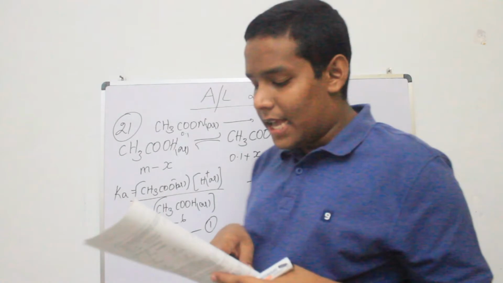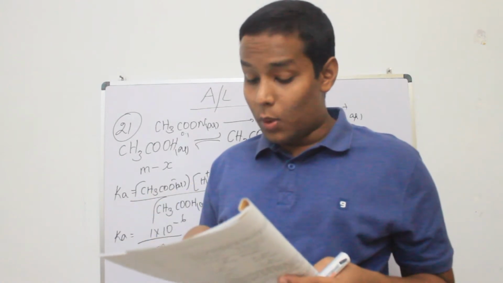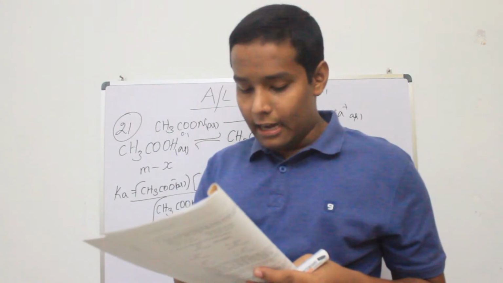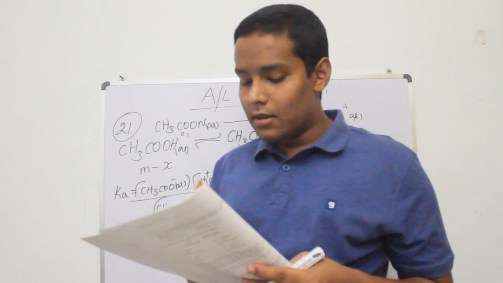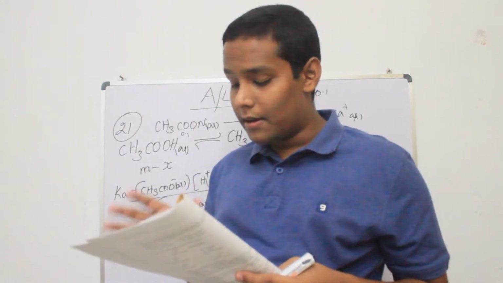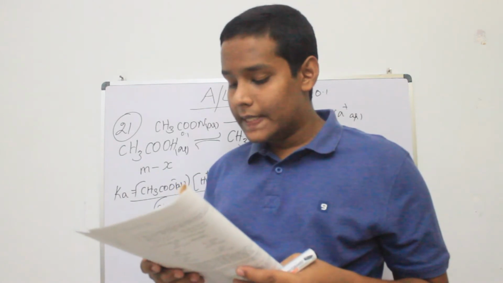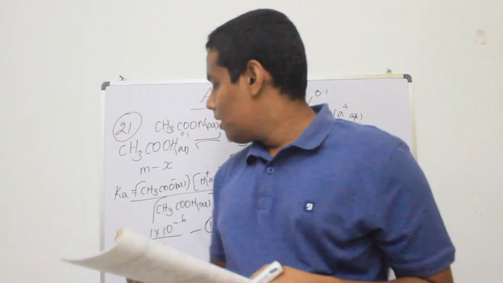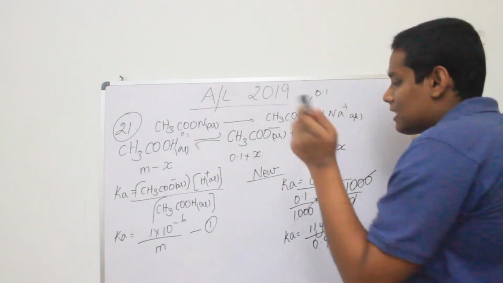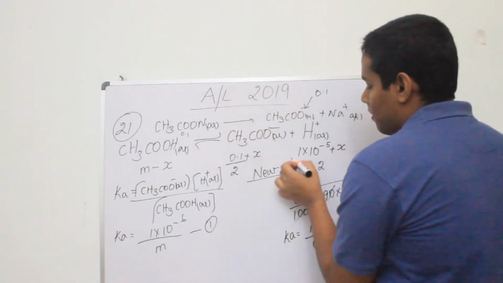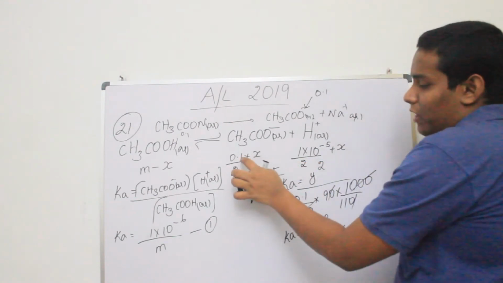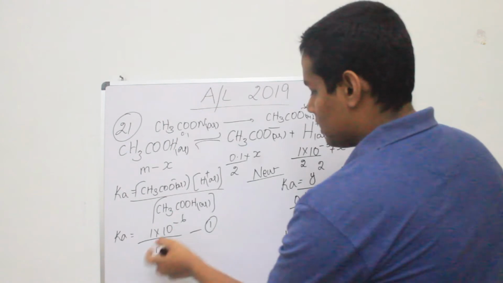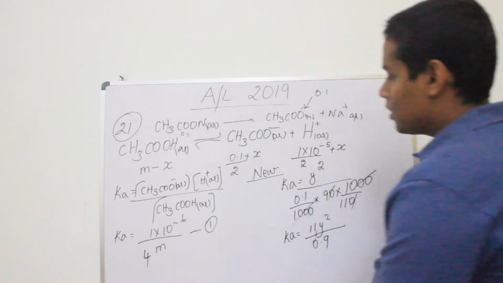A buffer solution of pH 5 was prepared by mixing equal volumes of 0.1 mole per cubic decimeter weak acid solution and 0.1 mole per cubic decimeter solution of sodium salt of this acid. The new concentration is half of this. Why? Because this was for V, but for 2V it's half. So this will be 4 here.